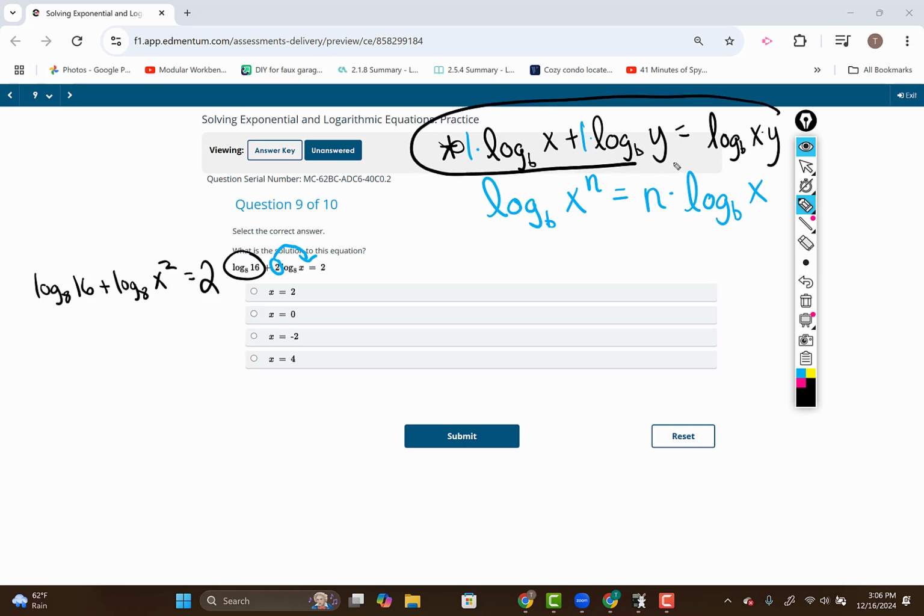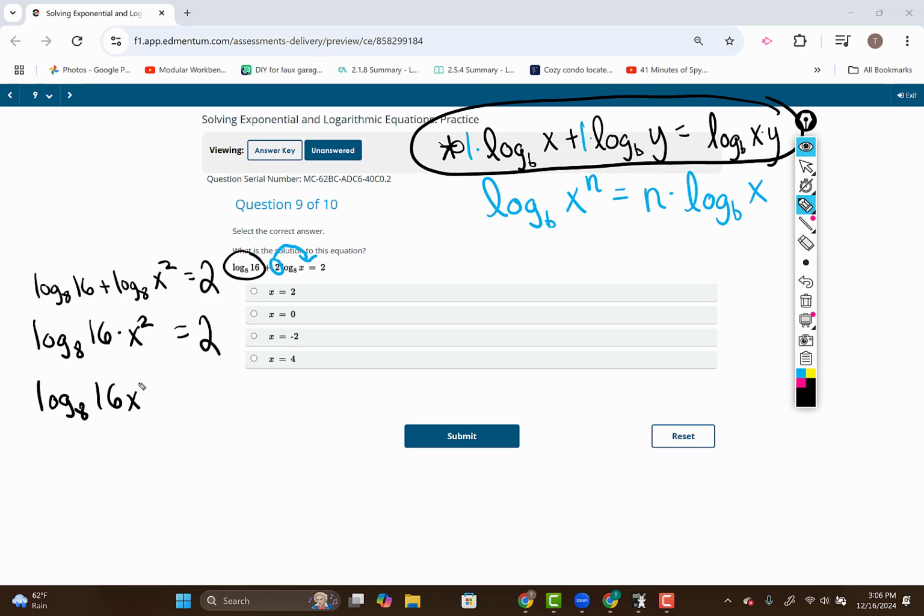And now we can condense using that first log property. So we can rewrite this as log base 8. We're going to multiply the 16 and the x squared together, set it equal to 2. So now you're thinking to yourself, okay, where do we go from here? Not entirely sure, because typically we don't want a base of 10.